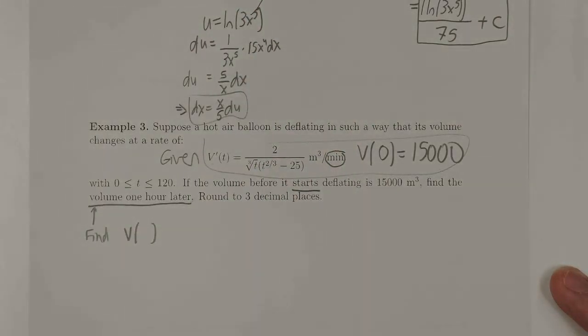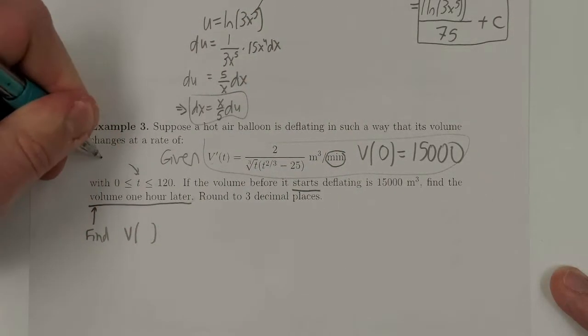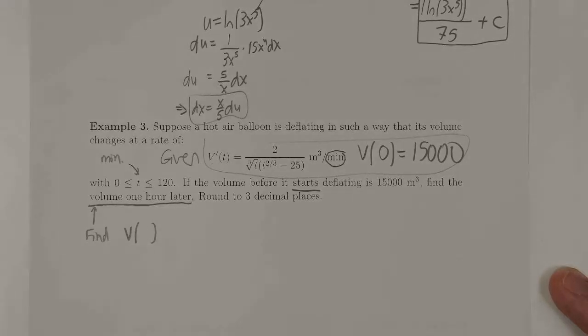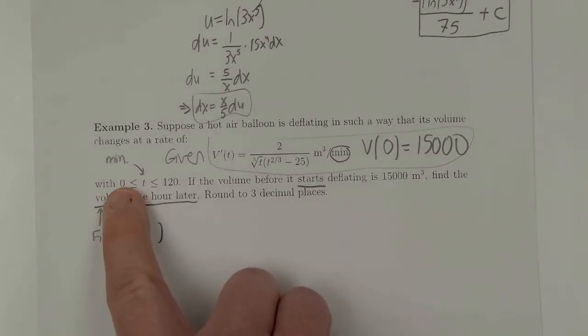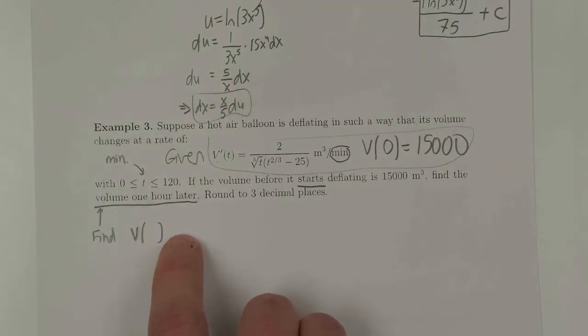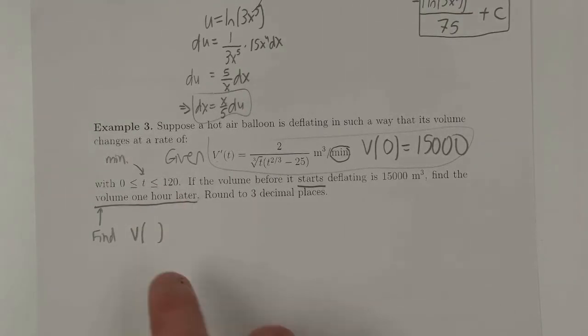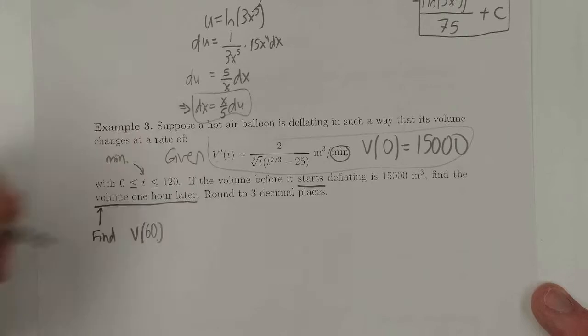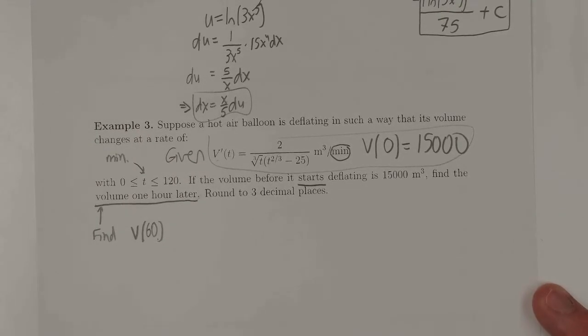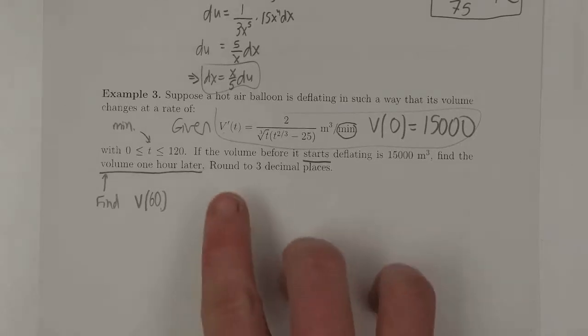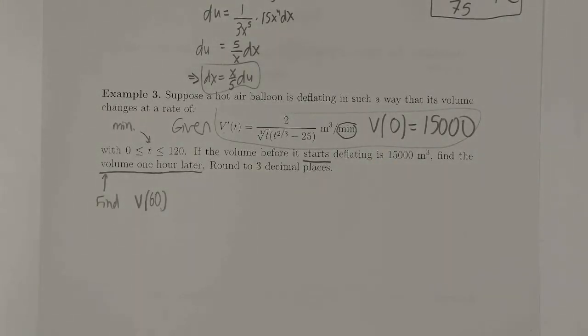So that should be a good enough indication that t here is in minutes. Okay? So t is in between 0 minutes to 120 minutes. So since 1 hour equals 60 minutes, we've got to find v of 60 here. Okay? So that gives us that, and then round to 3 decimal places, but we'll get to that later.